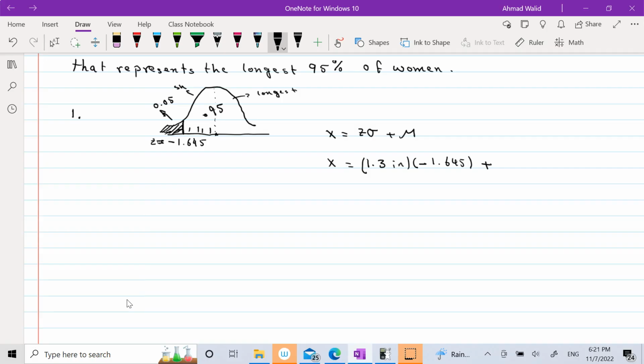Your mu is given in this problem as 27 inches, right? I told you 27.0 inches. Now again, using calculator, first you can multiply these two numbers, correct? Then add with this.